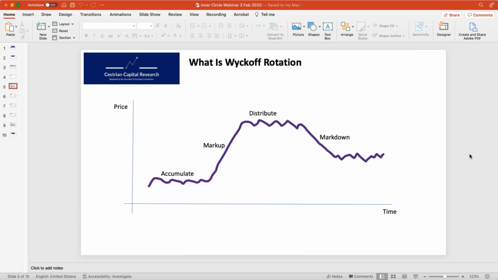He didn't mean AT&T preferred that barely moves. He meant things like, in today's world, Microsoft, Apple, Procter & Gamble, Pfizer, large liquid stocks that don't have too many scary moments. They don't have too many existential threats. They can be relied upon to move up and down with the weather.